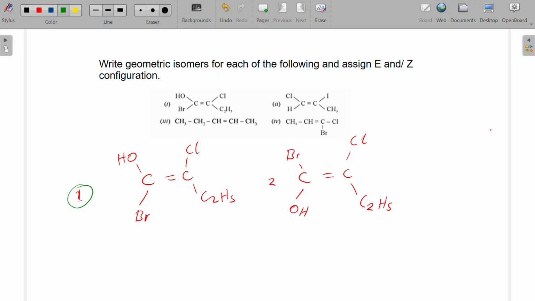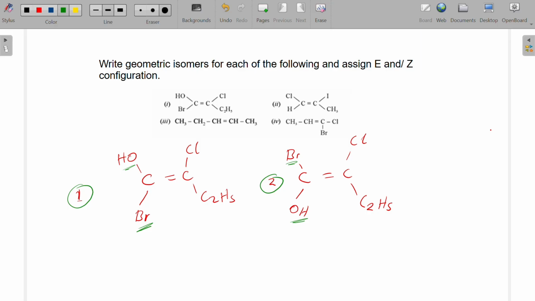So when you compare the first structure to the second structure, you find that they are different in terms of their atom arrangements. On the first one, on the left side, bromine is down. You can see it's down here, and the OH is on top there. On compound number 2, the OH is down and the bromine is on top here.